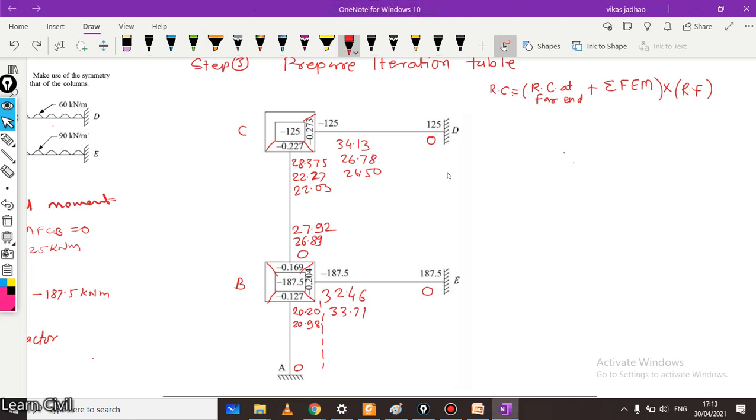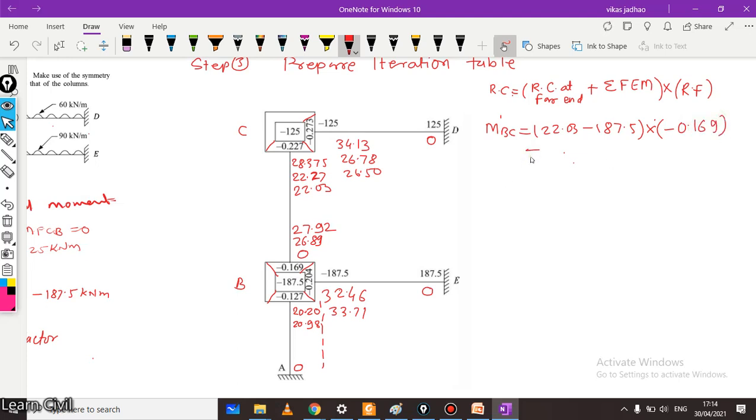Now rotation contribution for BC, that is M dash BC, is equal to rotation contribution at far end, that is 22.03, this 0 plus this 0, so this is equal to 22.03 plus fixed end moment at joint B, that is minus 187.5, multiplied with rotation factor for BC, which is minus 0.169.